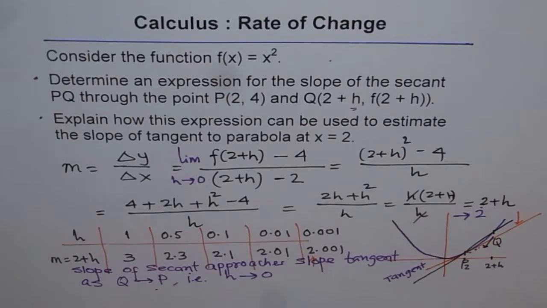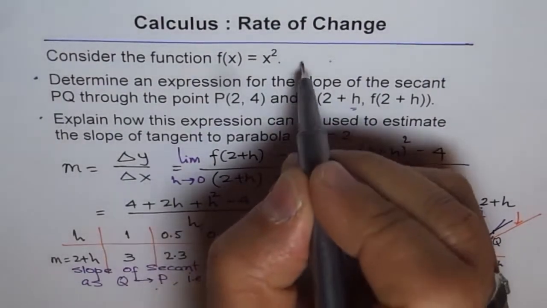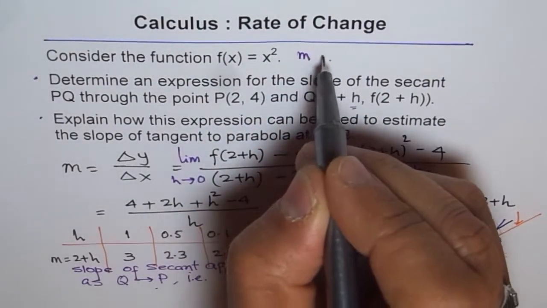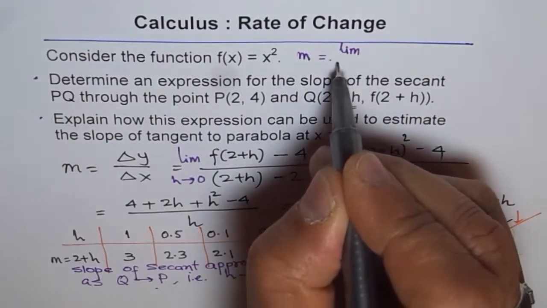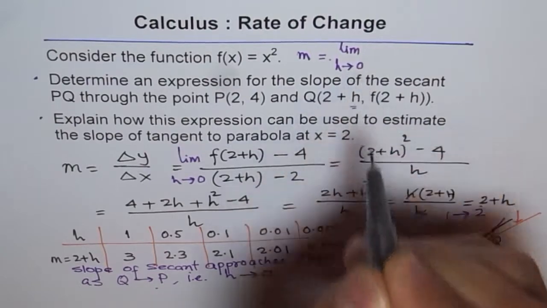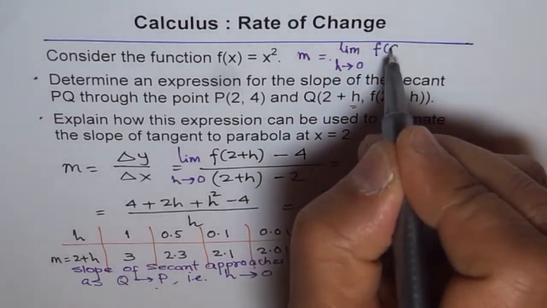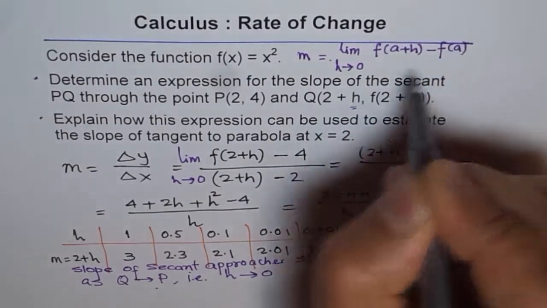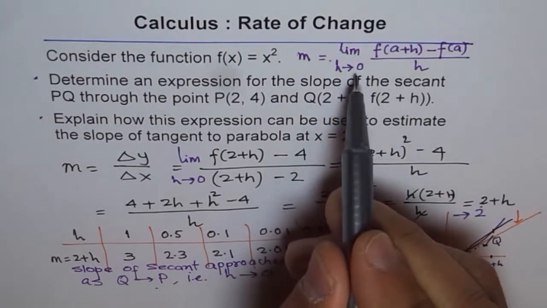So remember, let me write this definition clearly in a spot which I don't have on this page. So let me write it here. The slope of a tangent will now be calculated by limit h approaches 0, and if we are calculating at a particular point, then it will be f of a plus h minus f of a over h, where h is approaching 0.